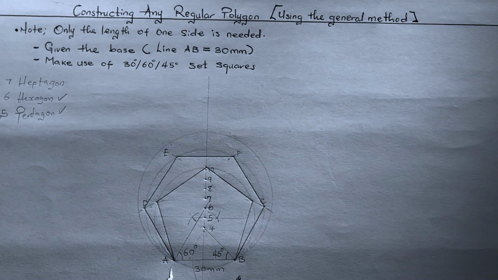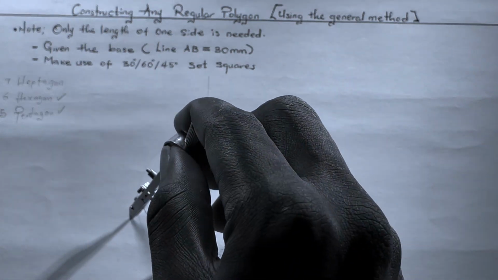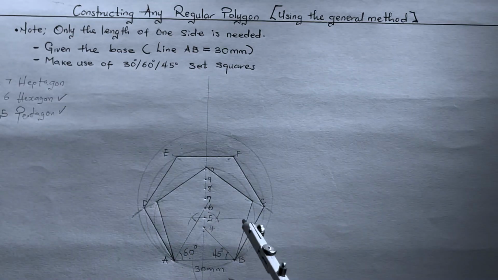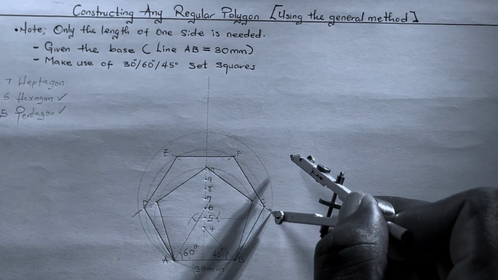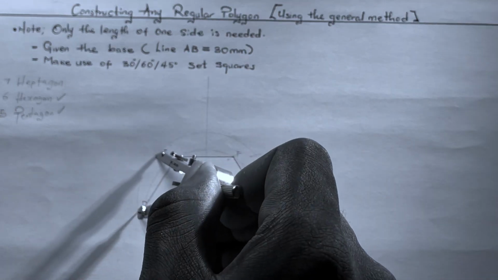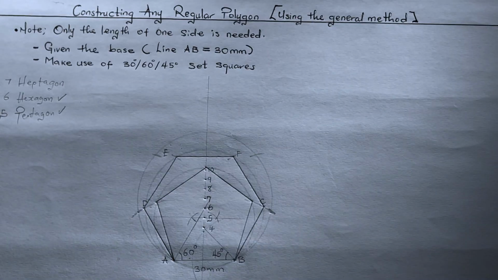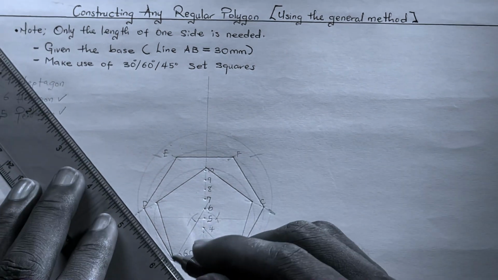After we are done with that, we measure AB, which is 30 millimeters, and then extend those points to every side of our circle so as to construct our heptagon. With this, we can easily draw out the other sides of the heptagon on the new circle just constructed.